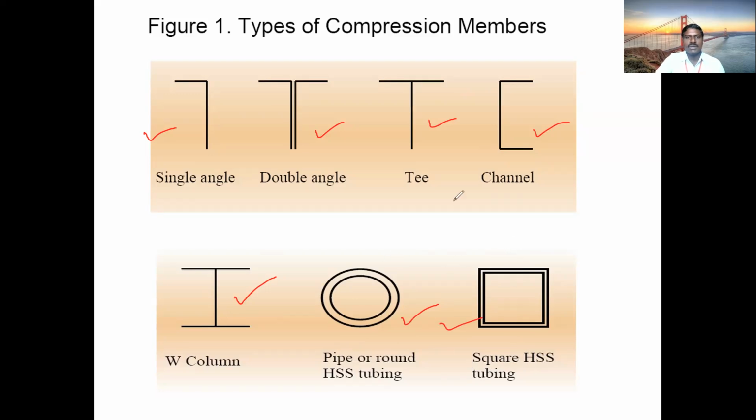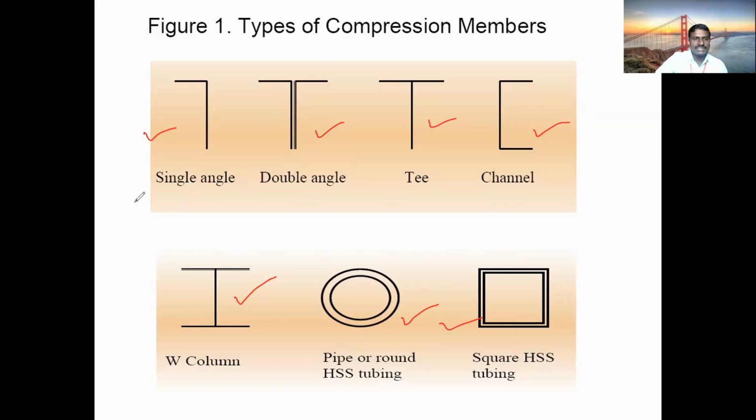This is the column and compression member. So compression members we have divided into two major types, strut and column.